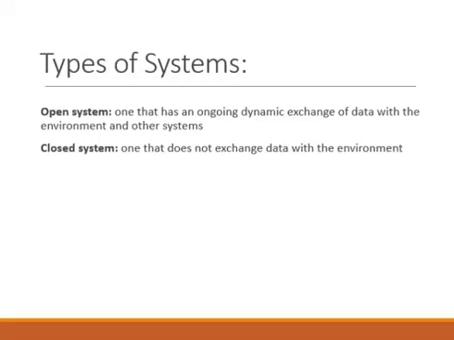Those are just some examples of a closed system. Open systems, most of them have a little bit of a buffer, but information is freely exchanged. There's an ongoing dynamic exchange of data. Closed systems, as you probably guessed, are closed off. That's the best way I can think to break those down.